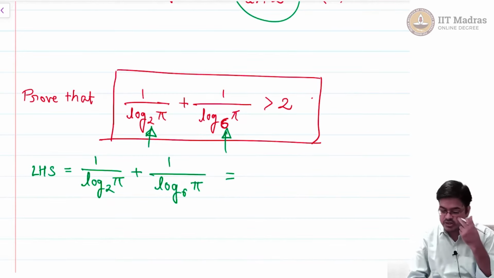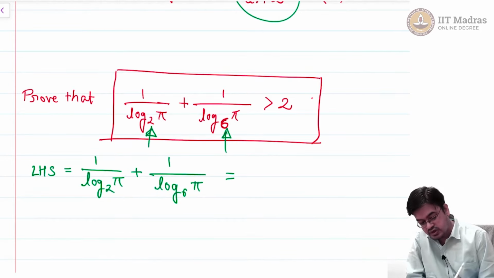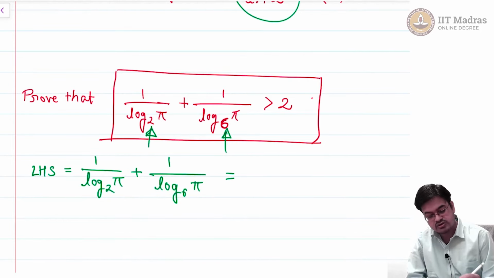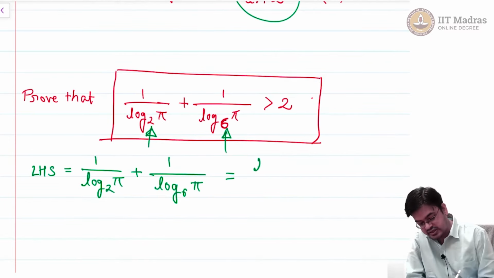Apply the change of base formula. So log to the base 2 of pi can naturally become ln of pi upon ln of 2, which essentially gets converted into ln of 2 upon ln of pi.